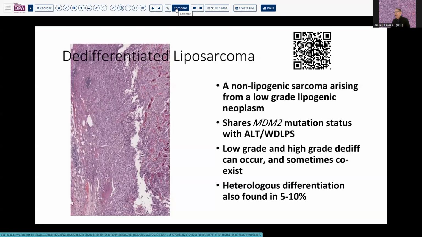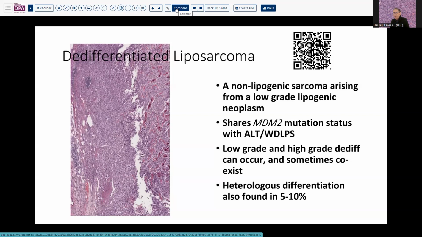All right, so high-grade sarcomas in the retroperitoneum also are typically associated with this MDM2 mutation, and oftentimes have a precursor tumor that's recognizable, or a component that's recognized as well-differentiated liposarcoma.